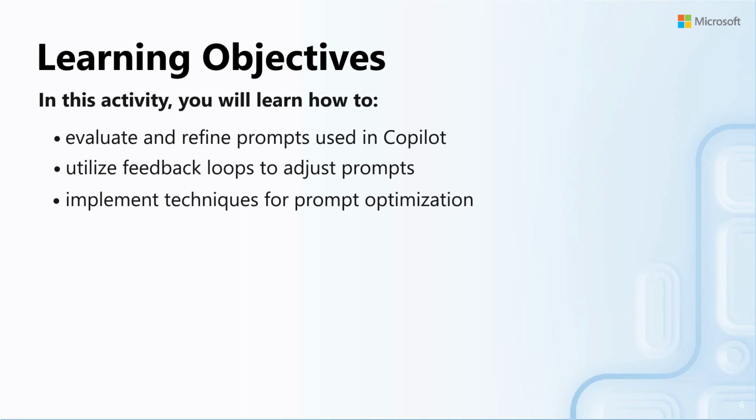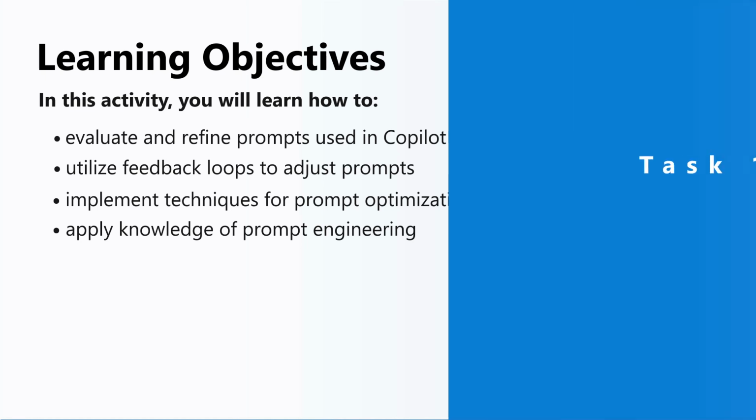Additionally, you will implement techniques for prompt optimization to ensure precise task scheduling and effective resource allocation. Finally, you will apply your knowledge of prompt engineering to analyze task dependencies, durations, and personnel assignments, ultimately improving the management and visualization of project timelines.